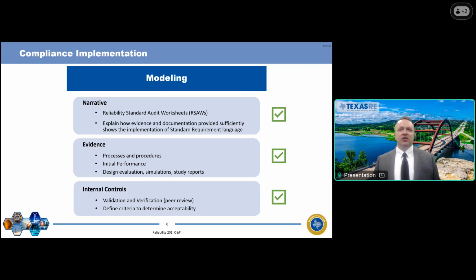So a recommendation here is to consider developing a formal documented process for verifying models and data. And doing so will standardize the model review process and ensure that relevant personnel are aware of the process and timelines associated with this model verification.